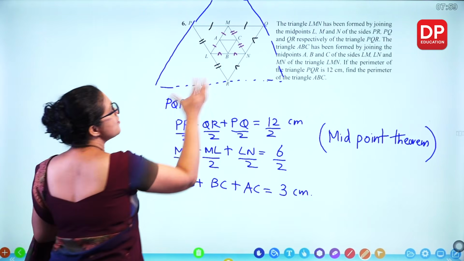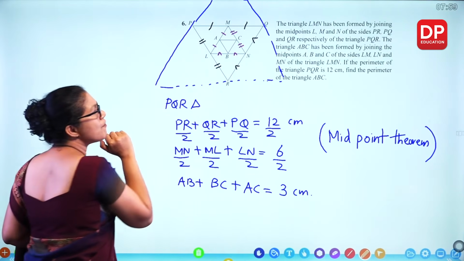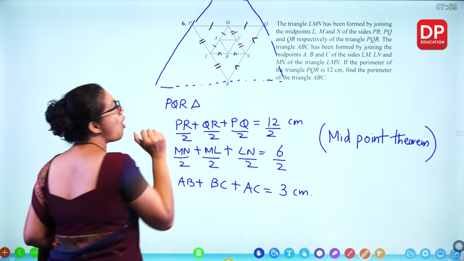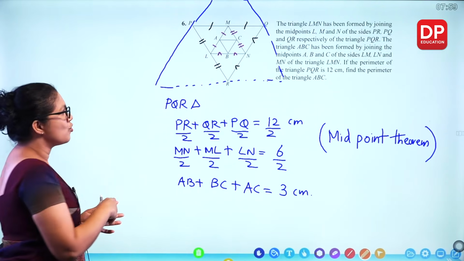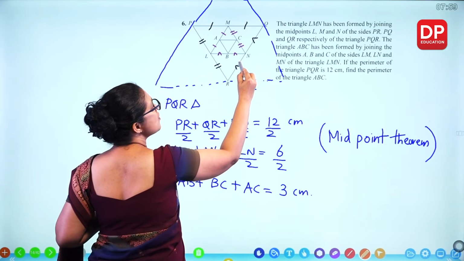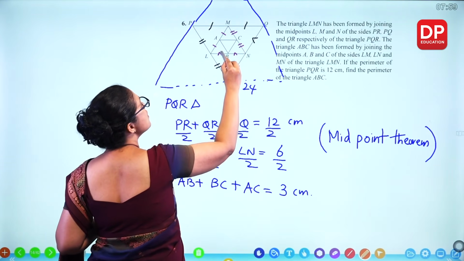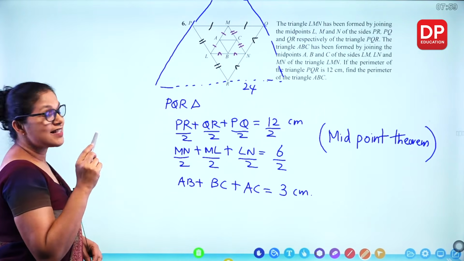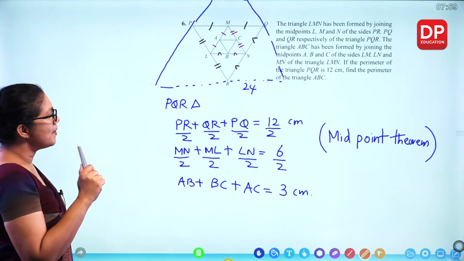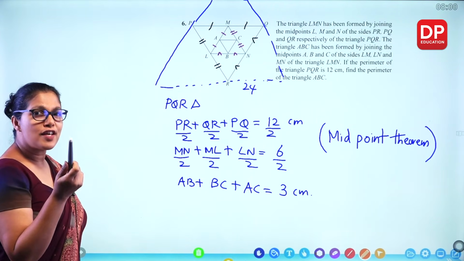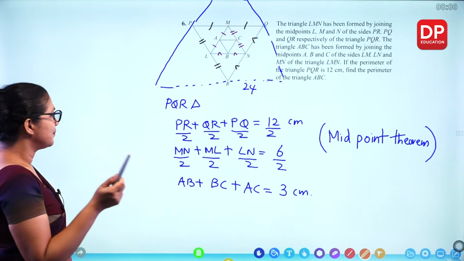So when it reduces, it becomes smaller and smaller. Always you divide by 2. So the bigger one is 24, the next one is 12, 12 divided by 2 is 6, 6 divided by 2 is 3. So that's a good example and a nice property when you think about midpoints.